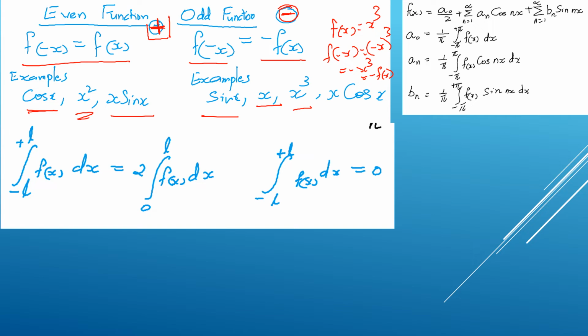It is easy to identify a single term like x square, cos x, x, x cube or sin x. But when a function is a product of the form uv, how do we identify whether it is even or odd?